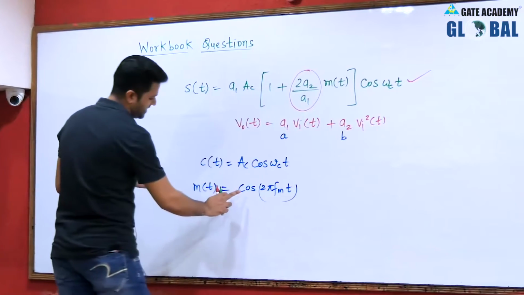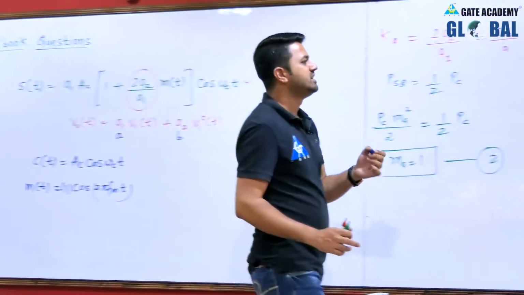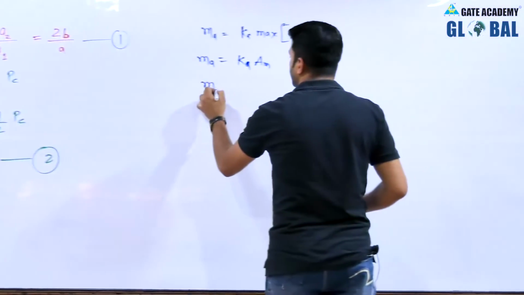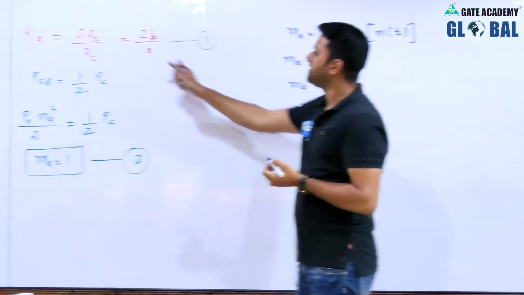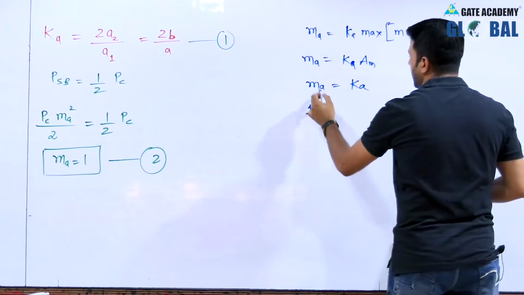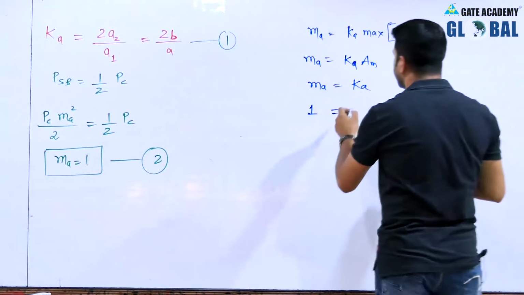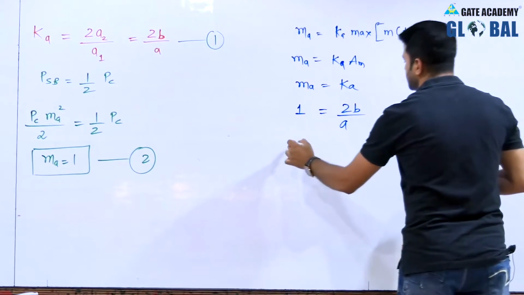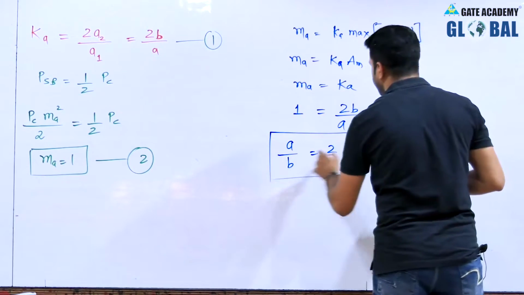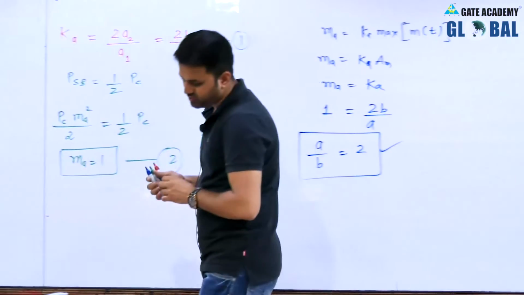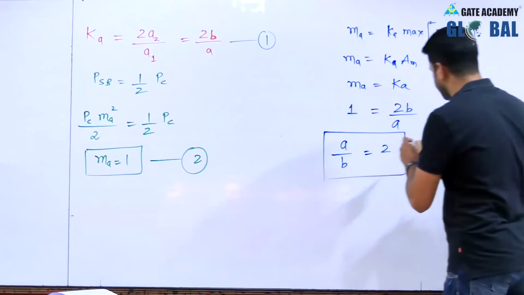The amplitude of this message signal here is 1, so ma equals Ka. From equation number 2, ma is 1, and from equation number 1, K equals 2B by A. So A by B is equal to 2. So the ratio of A to B is 2, and according to the options, the correct answer is option D.